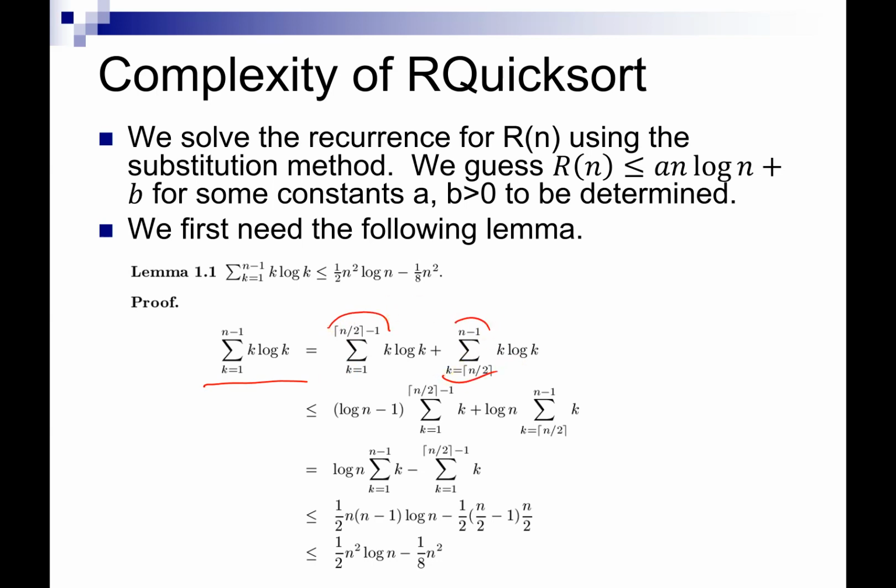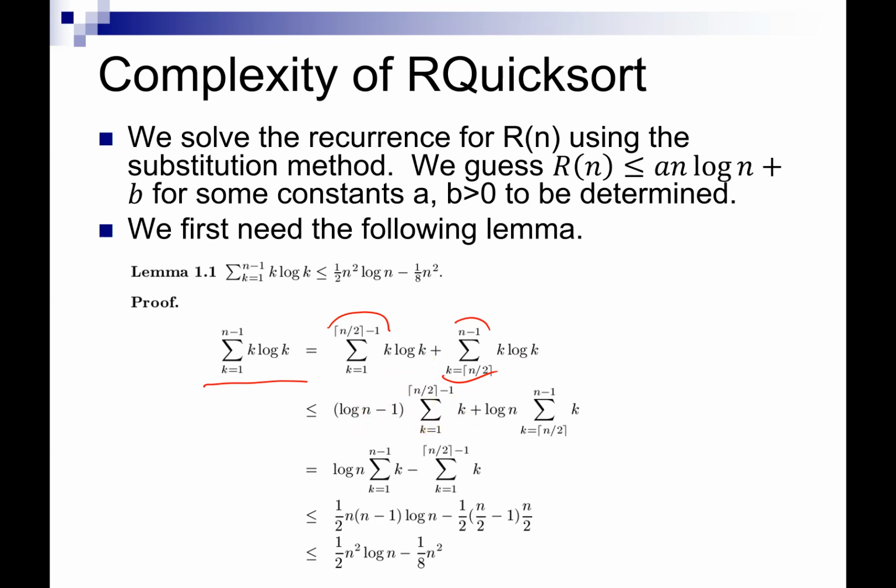For the lower half, each of these k terms gets multiplied by log k, but here k is at most n over 2, so log k is at most log n minus 1, and so you can pull this log n minus 1 out.